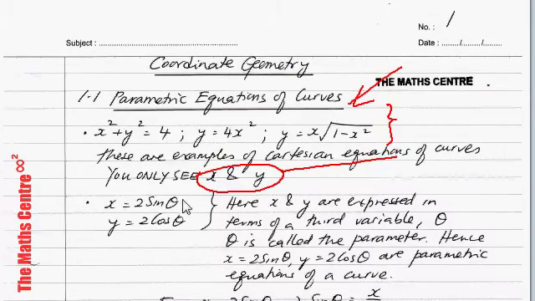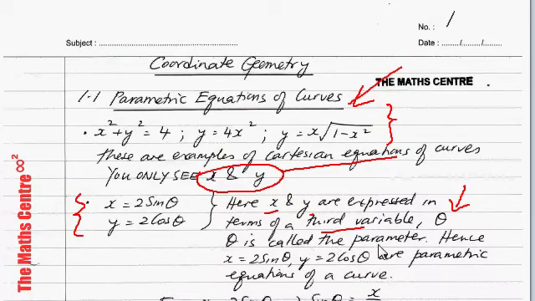Now we are going into parametric equations of a curve. So here let's look at x equals 2 sine theta and y equals 2 cos theta. Now what do you notice? Here x and y are expressed in terms of a third variable, theta.